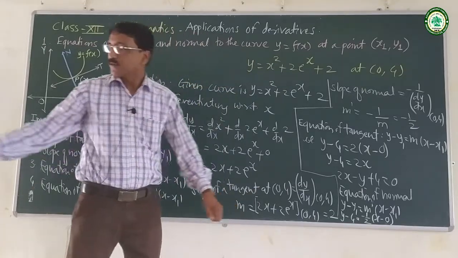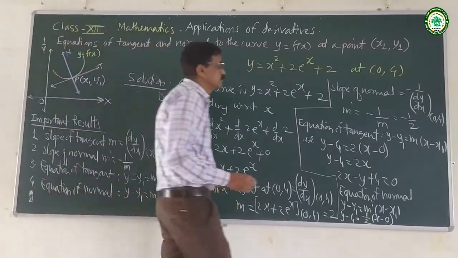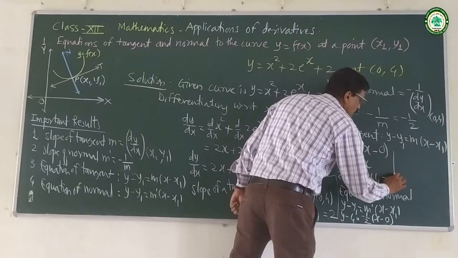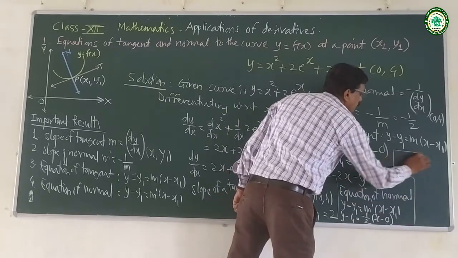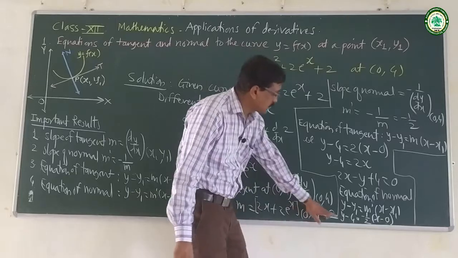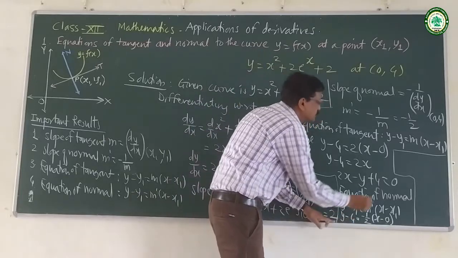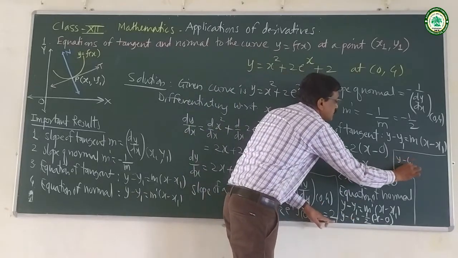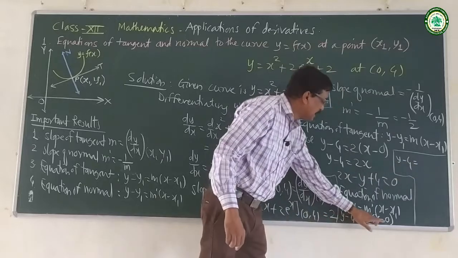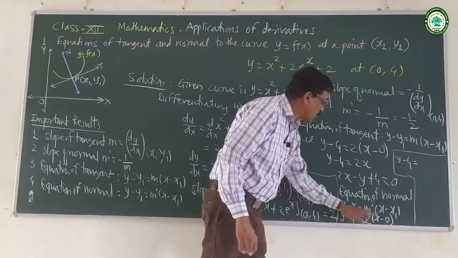See here. y minus 4 is equal to minus 1 upon 2 into x.